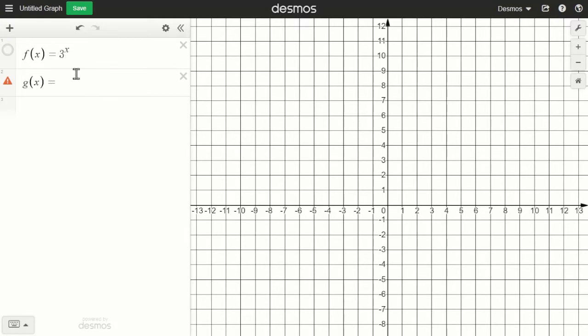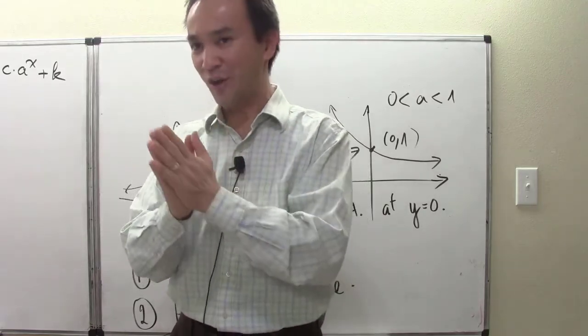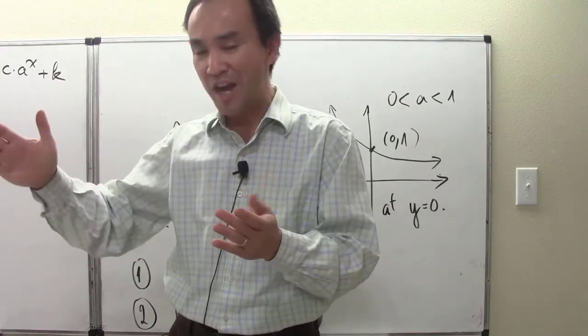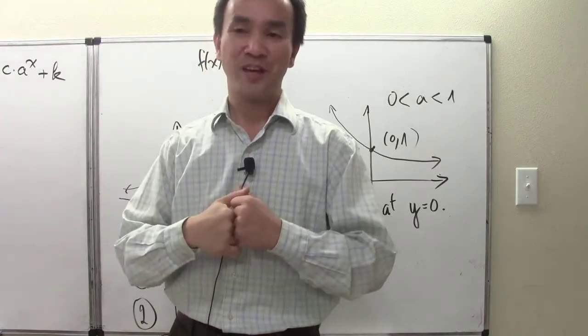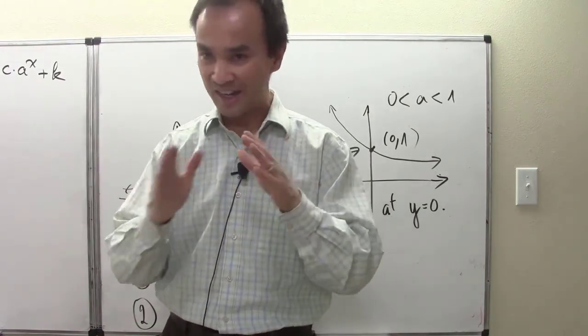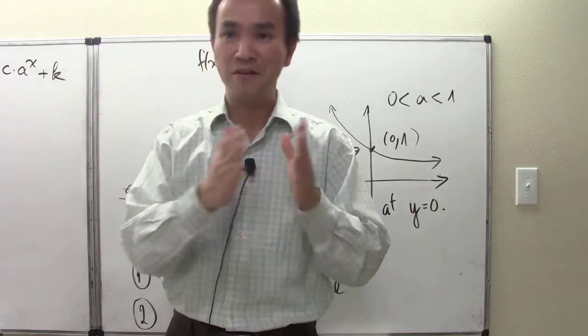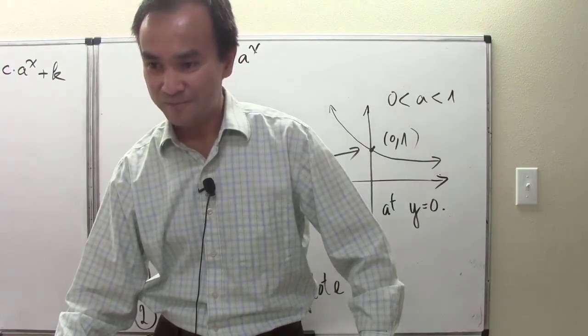On Desmos here, allow me to call 3 to the x the parent function, because I'm staying focused on the transformations, and using the transformation steps we've learned as a way to explain the generality about the horizontal asymptotes and the y-intercept. So that's why I still need to bring in, quite intensively, the concept of parent function and descendant function.